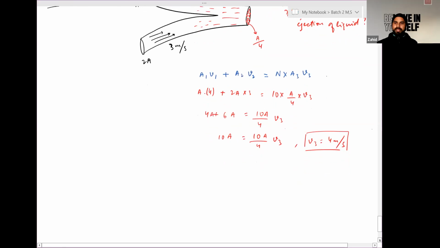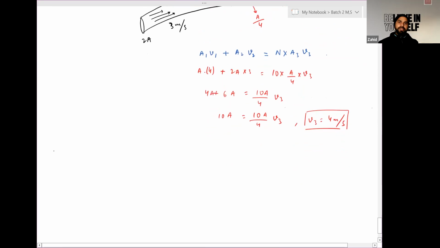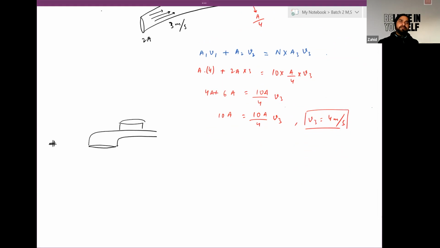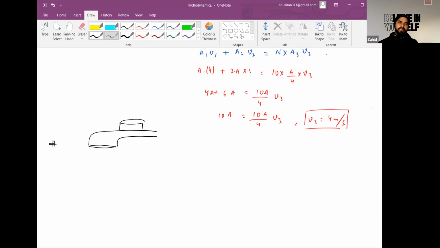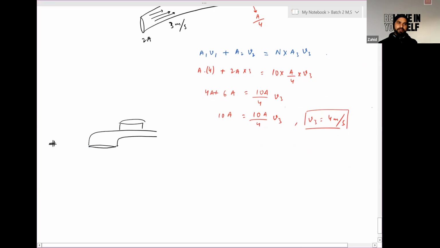Now, related to this part, there will be a conceptual question. Suppose there is a tap at some height. If you open this tap, water may fall like this.